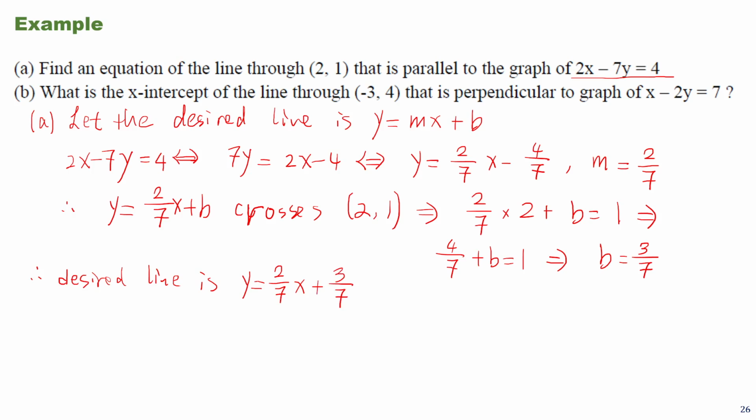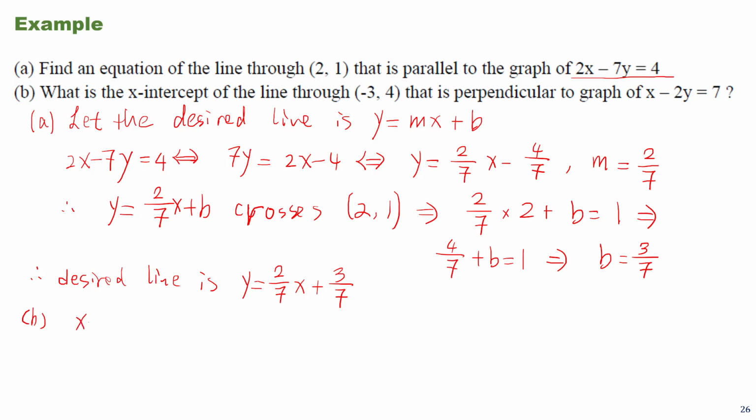You get it? How about the second question? What is the x-intercept of the line through (-3, 4) that is perpendicular to the graph of this line? Okay, first of all, we know if two lines are perpendicular to each other, and both of their slopes exist, the product of these two slopes should equal -1, right?